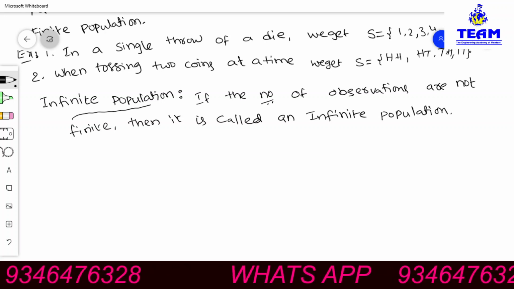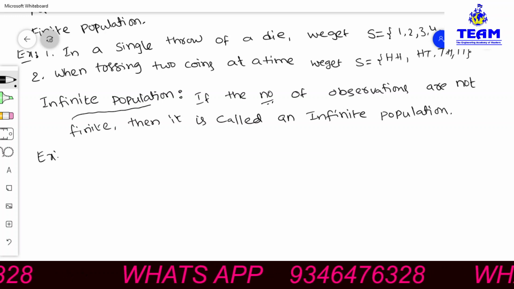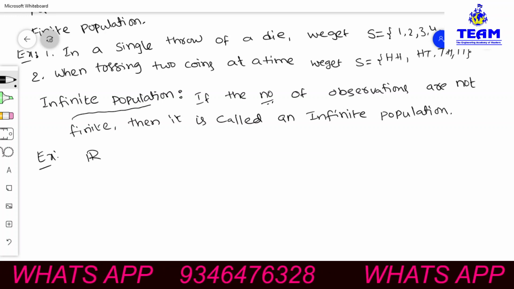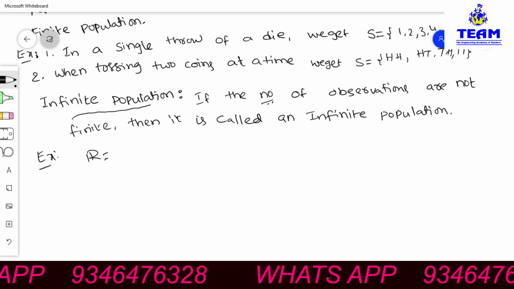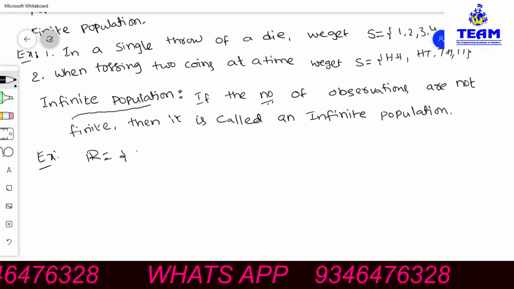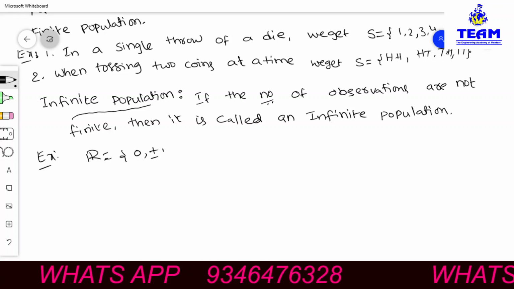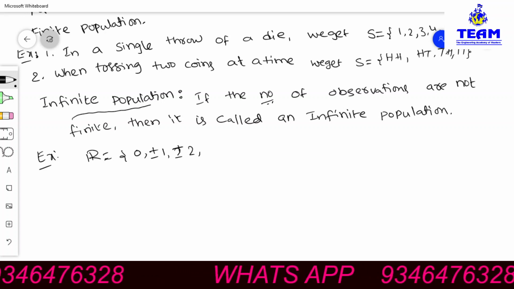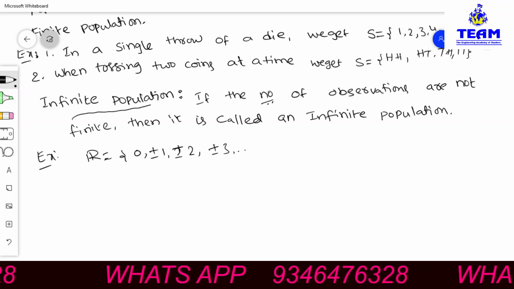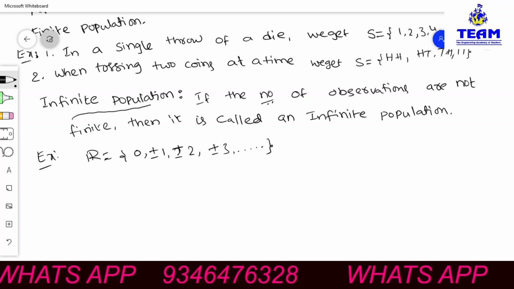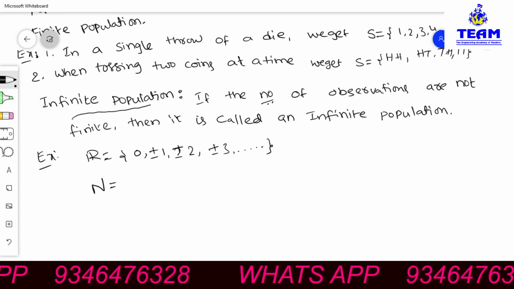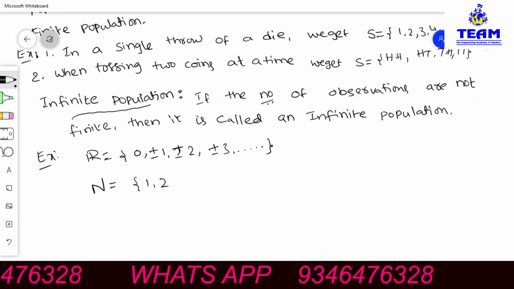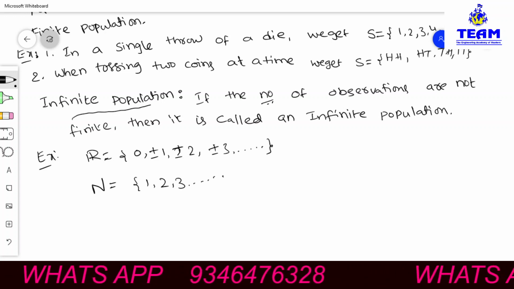For example, set of all real numbers which can be represented by R, and these are nothing but 0, plus or minus 1, plus or minus 2, plus or minus 3 and so on. Whereas natural number sets, these are also 1, 2, 3 and so on.